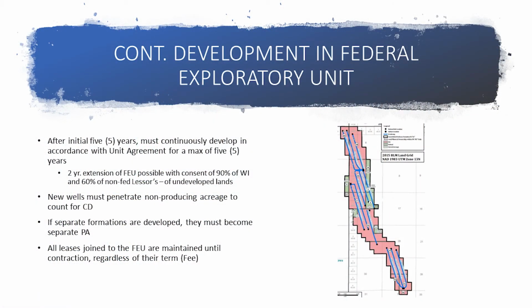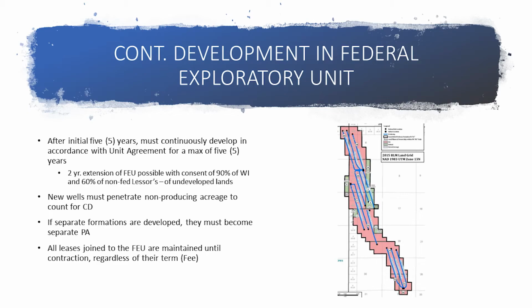I really want to talk about how this impacts a lease and title analyst. We've been talking about it as we move through the presentation. So finishing out a federal unit, once you've drilled a well capable of producing in paying quantities, you have 5 years where you don't have to do anything. So during that 5 years, you can do a lot of science, you can continue to drill and produce, you can do whatever you feel like as an operator.